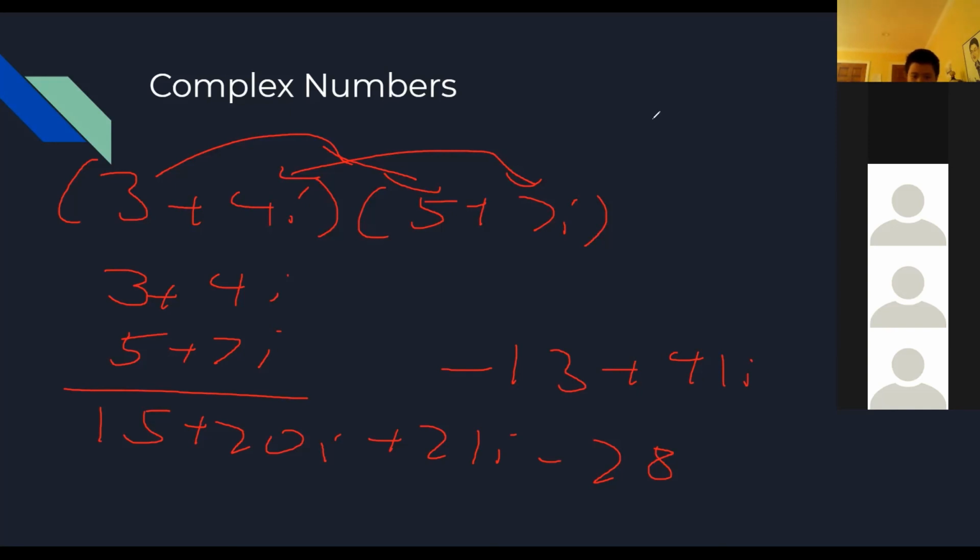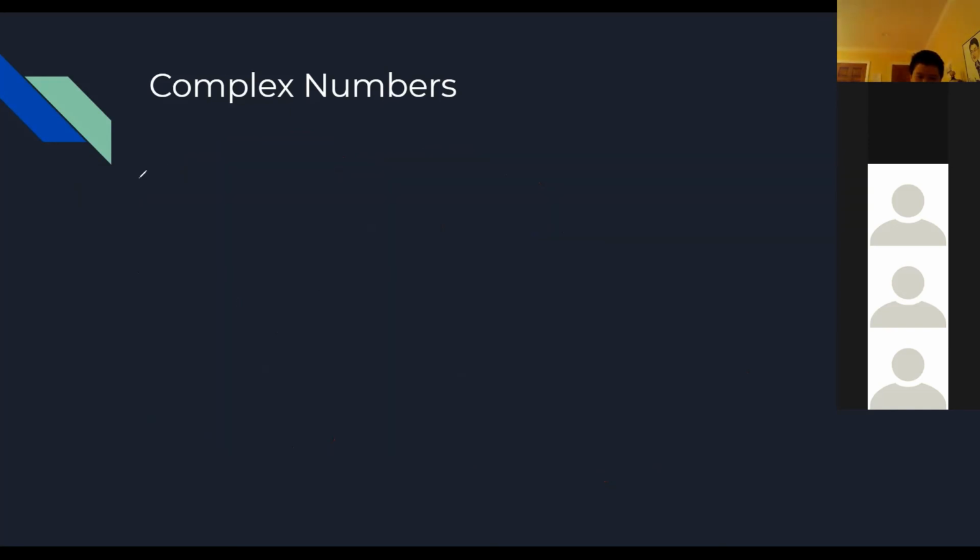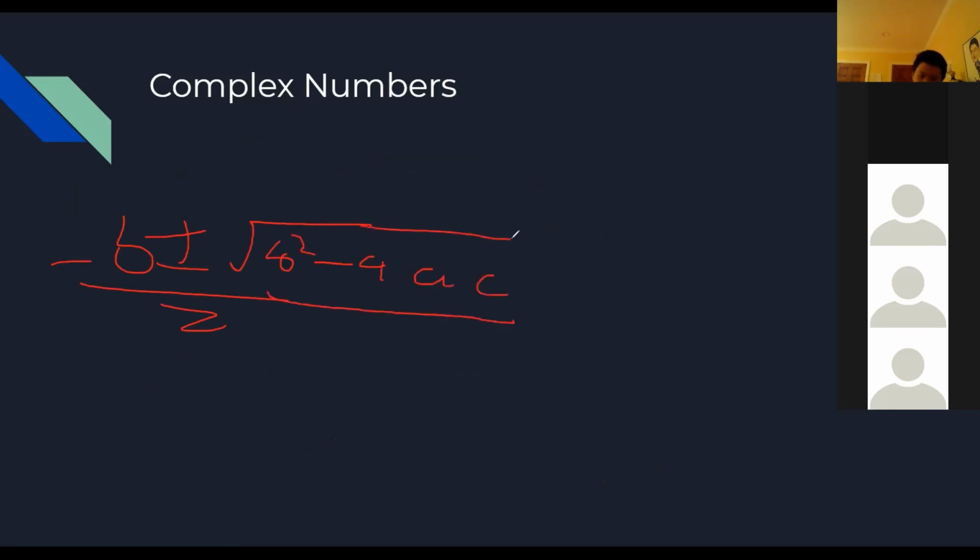Another thing I should talk about is complex numbers in relation to quadratics. I've talked about this being the quadratic formula and giving you the solutions to a quadratic. However, let's say x squared plus x plus 40. I'm choosing 40 here because I know it's going to be complex.